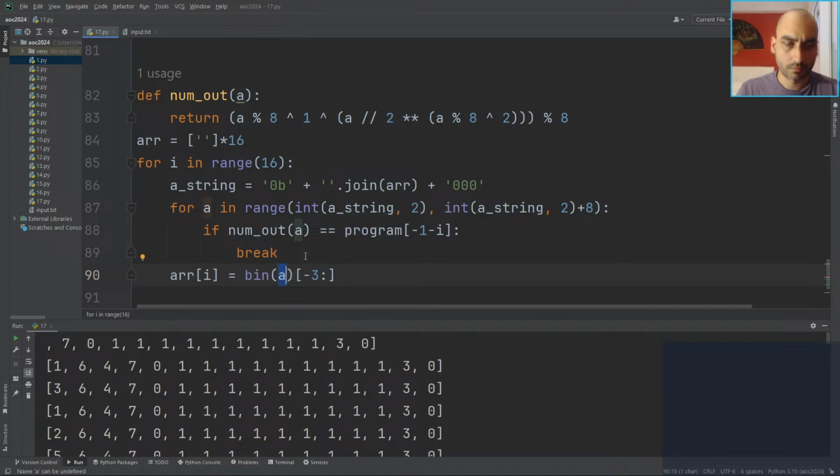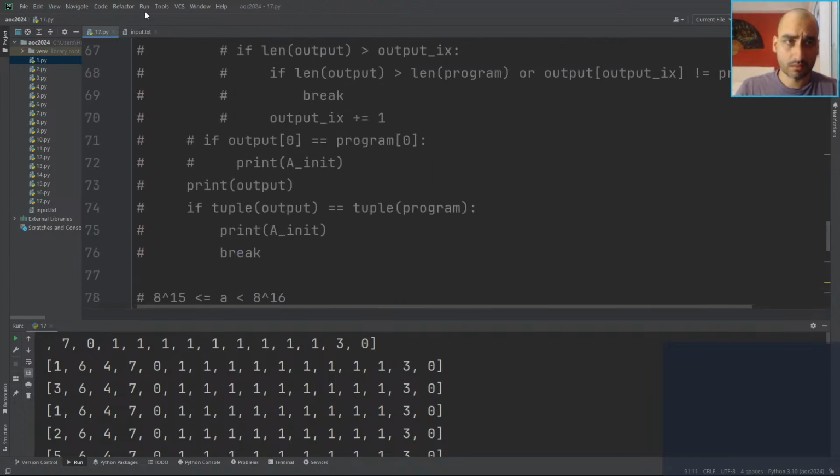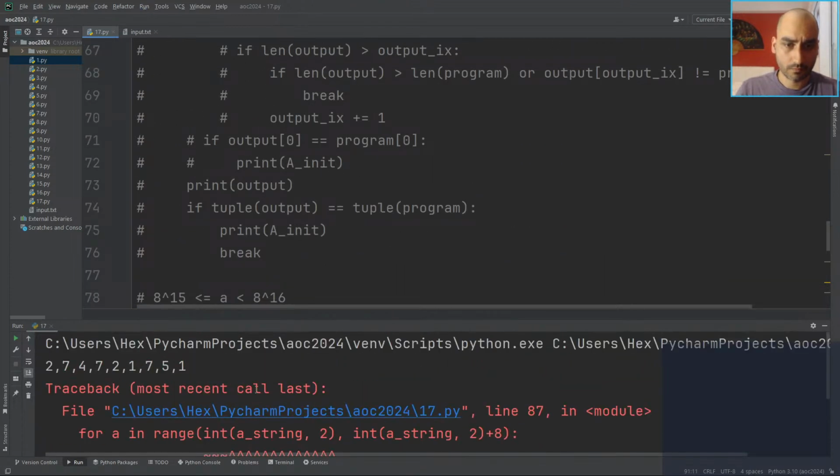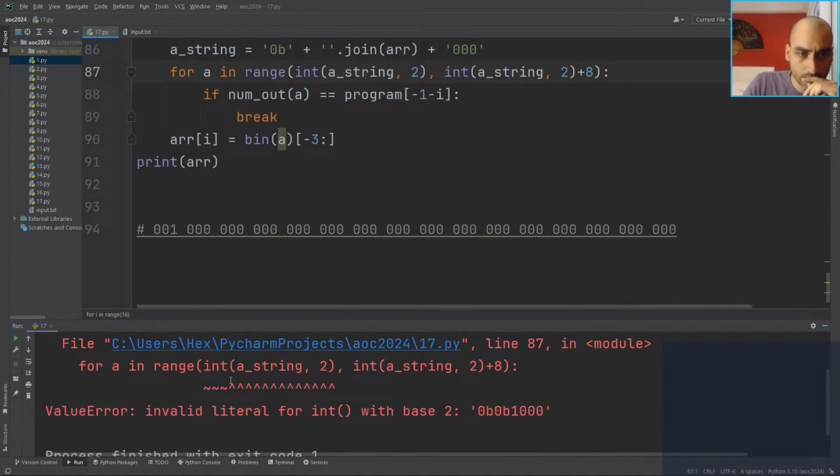Okay. Is that it? Does that do anything? Range int A string 2 to int A string 2 plus 8.